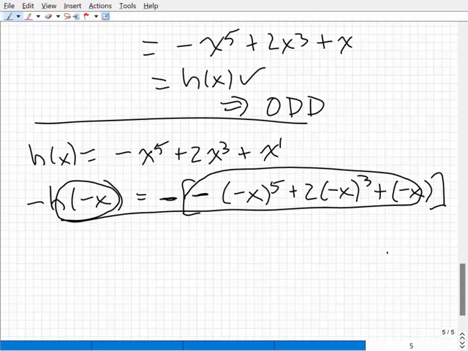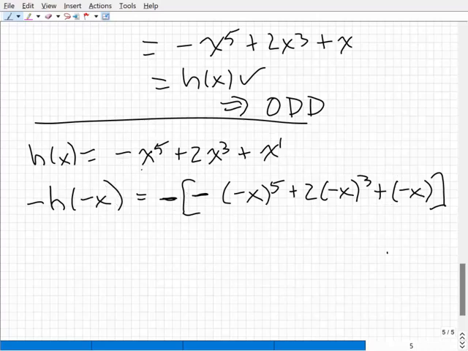Here is this guy. We just replaced x with negative x, so what do we get? A minus minus makes a plus. Okay, so those cancel. And here we have 5 more minuses. So how many minuses total? 5, 6, 7. So 6 of them will cancel out. We'll be left with 1. Okay, now what about over here?